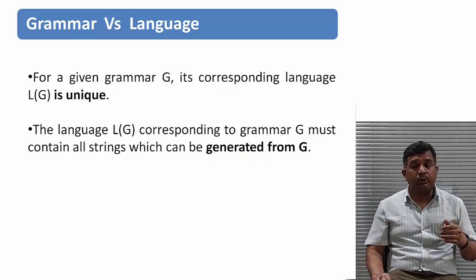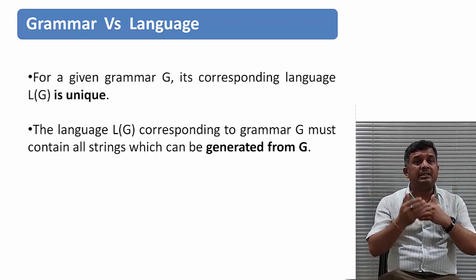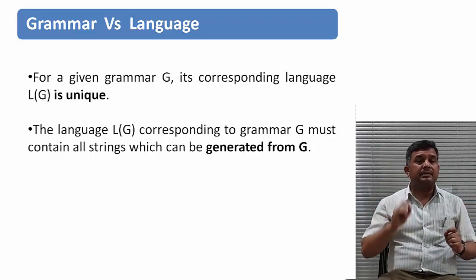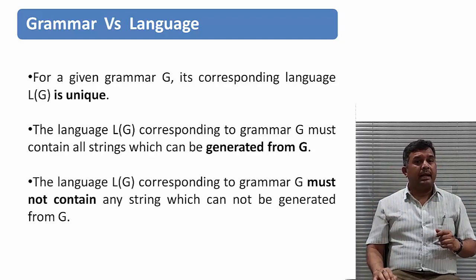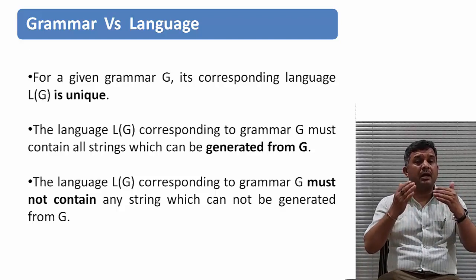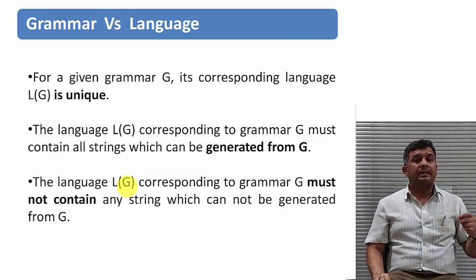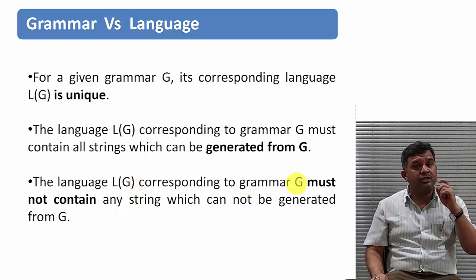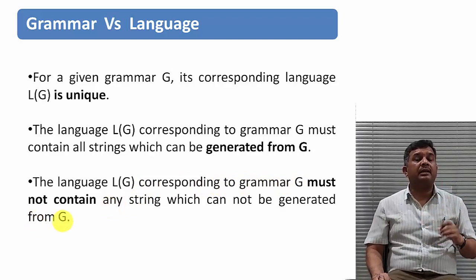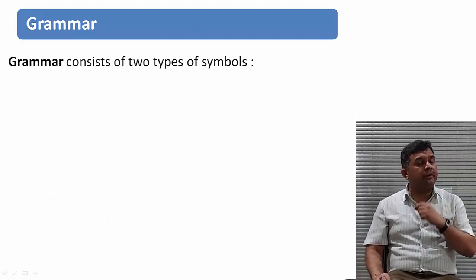Whatever is generated from the grammar must be there in that particular language. And the language that is not generated by the grammar doesn't come under this particular language. Or, the other way, the language L(G) corresponding to the grammar G must not contain any string which cannot be generated by the grammar. So basically, the grammar consists of two different types of symbols.